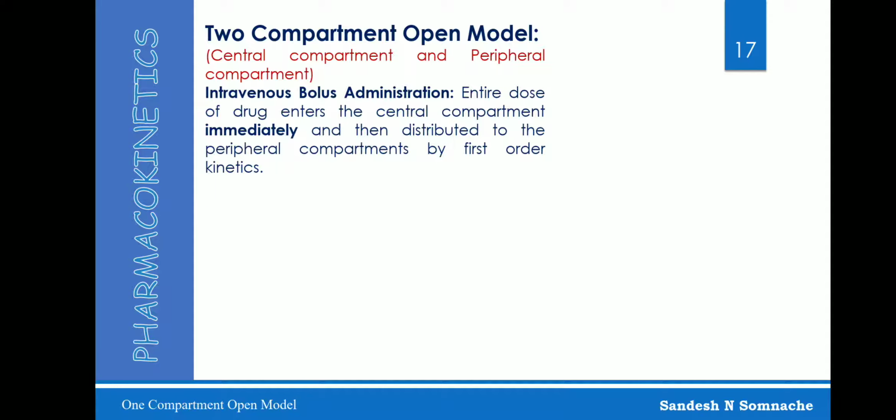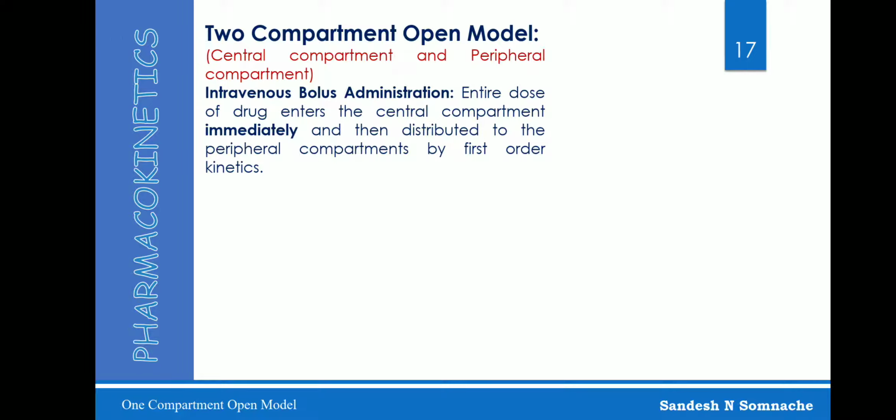In case of 2 compartments, again similar to that of the 1-compartment model, we can discuss 3 categories: 2-compartment open model for intravenous bolus administration, 2-compartment open model for intravenous infusion, and 2-compartment open model for extravascular administration.